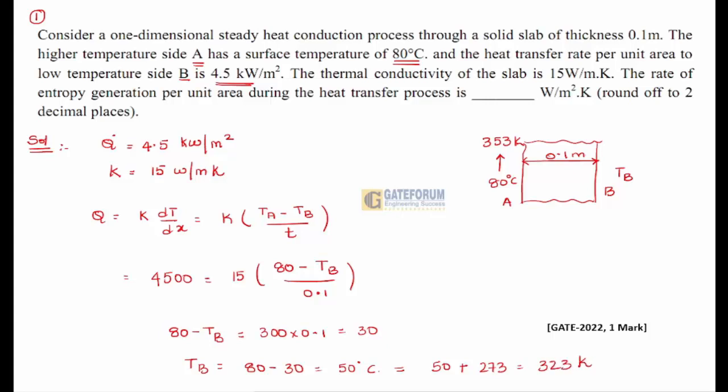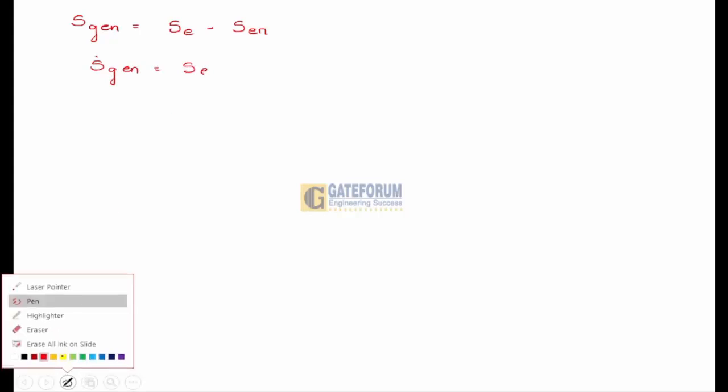Now the entropy generated is exit minus entry. Steady state, if we consider, entropy generation S_gen can be written as Q by T exit minus Q by T entry, that is Q by TB minus Q by TA.